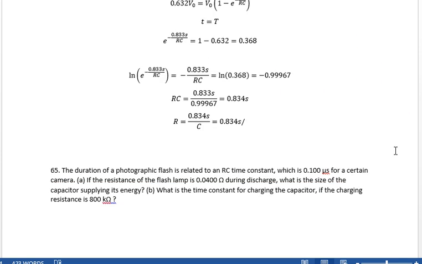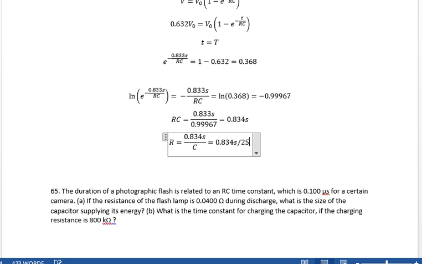Our capacitance was 25 nanofarads. So 0.834 seconds divided by 25 times 10 to the minus 9 farads.